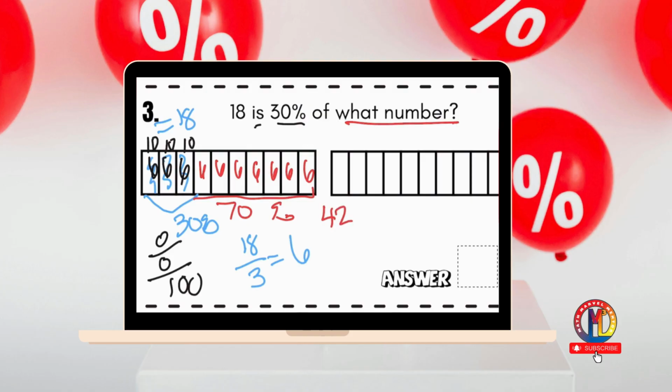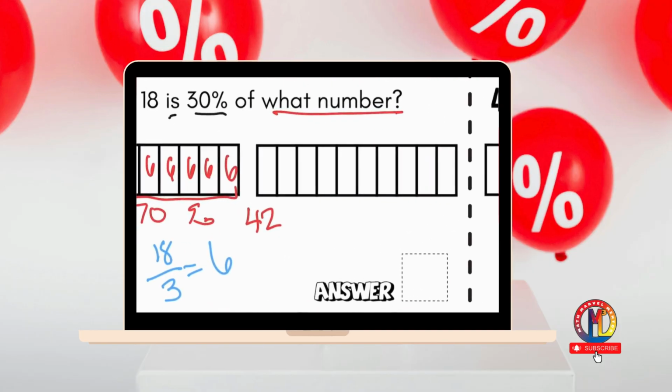So 70%, and I'll just redraw it here so it's nice and clear for us. 70% of this bar is the number 42. And 30% of this bar is the number 18.